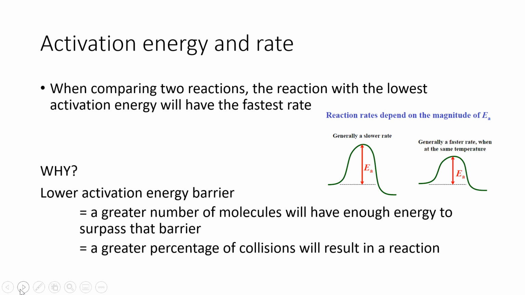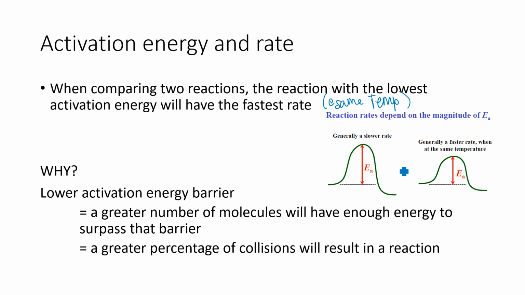Another thing to think about with activation energy and how it relates to rate is that when you're comparing reactions, the reaction with the lowest activation energy will have the fastest rate. And this is assuming we are at the same temperature. So if everything else is the same, the one with the lowest activation energy will have the fastest rate. So here's a side-by-side.